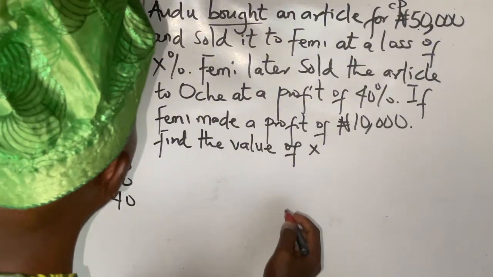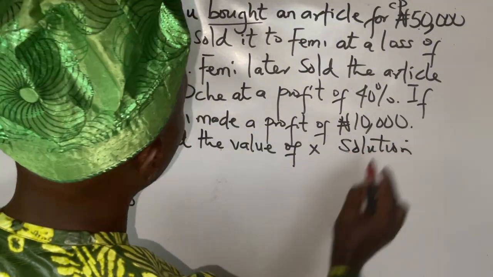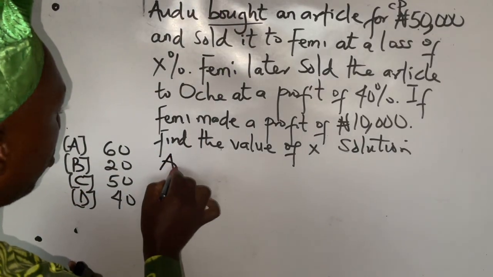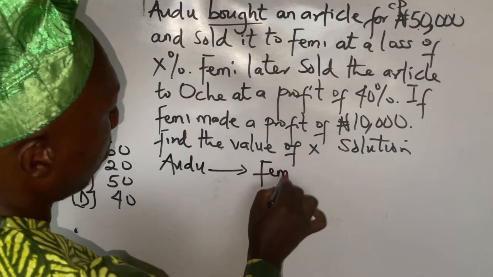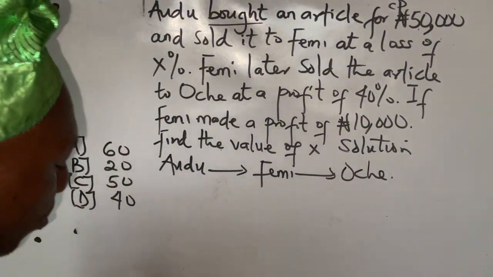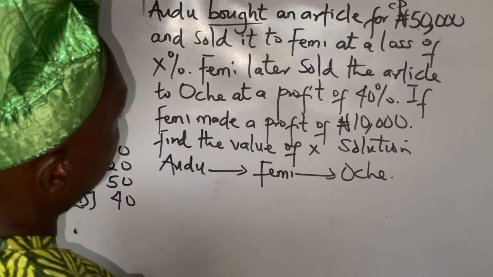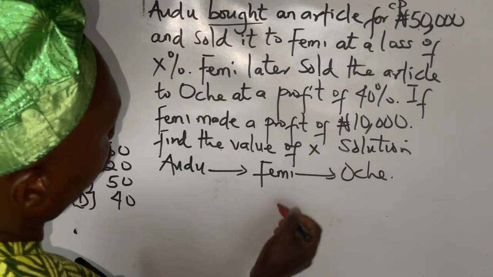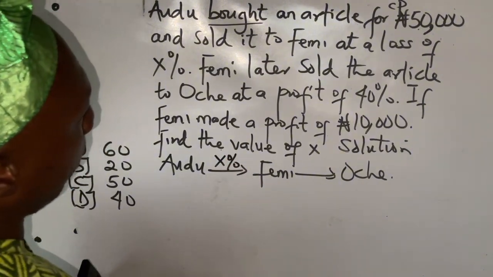So you need to look at the chain of the question. We have Audu, we have Femi, and we have Oshe. Audu sold to Femi at a loss of X%.